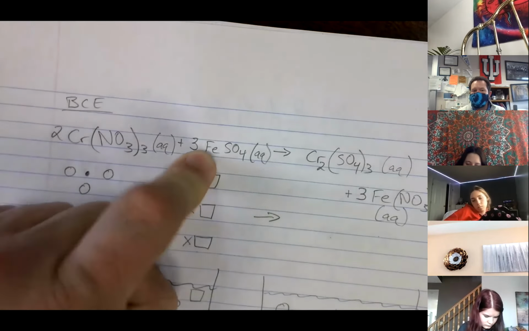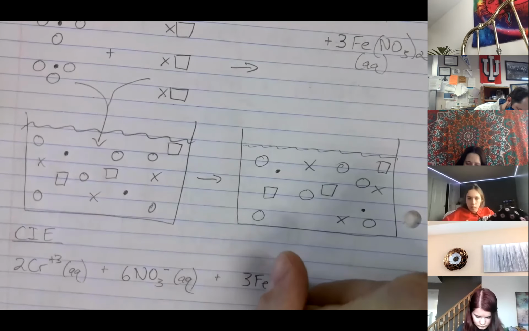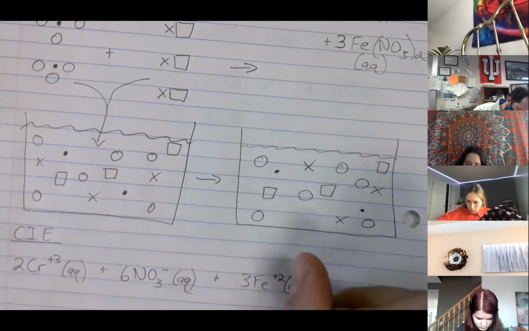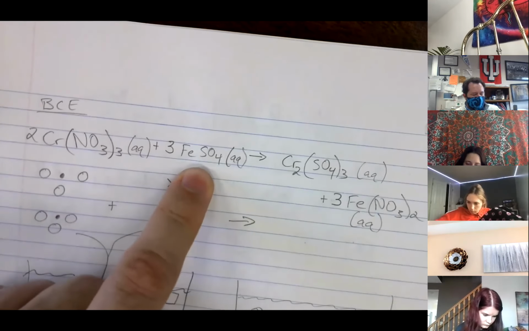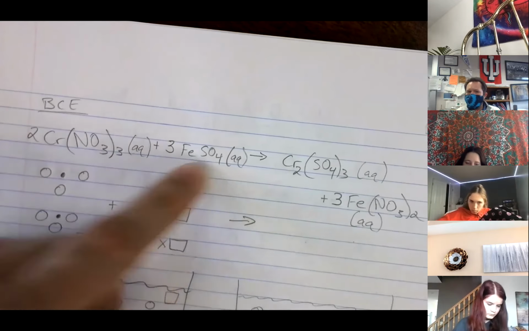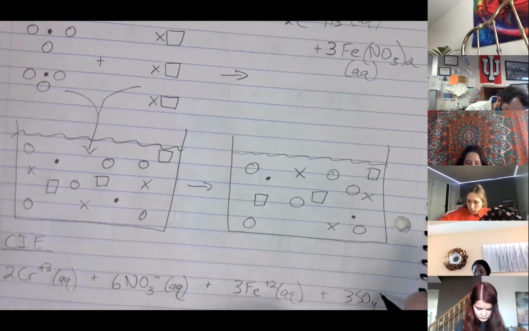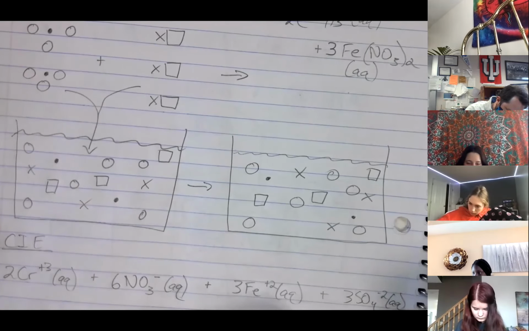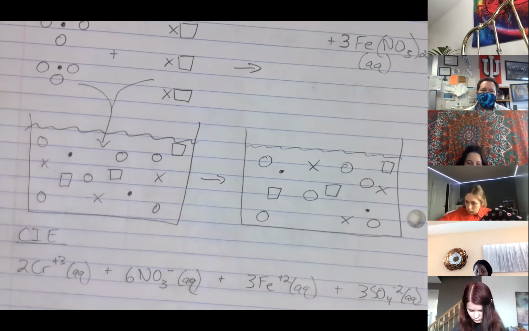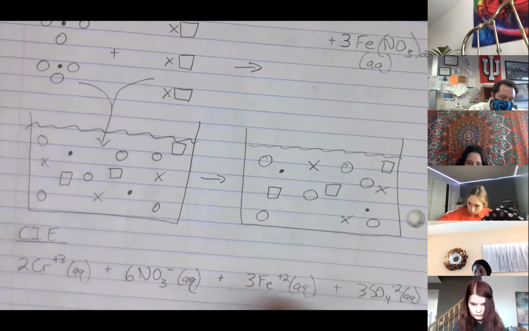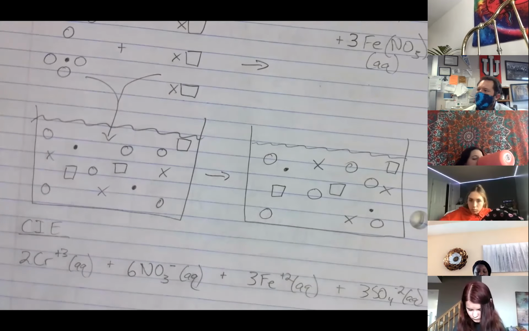Three iron ions, there's iron 2, so it's a positive 2 charge. And 3 sulfates. Sulfate has a negative 2 charge. Okay, so this is a better description of what we have on this side, our reactant side of the beaker.